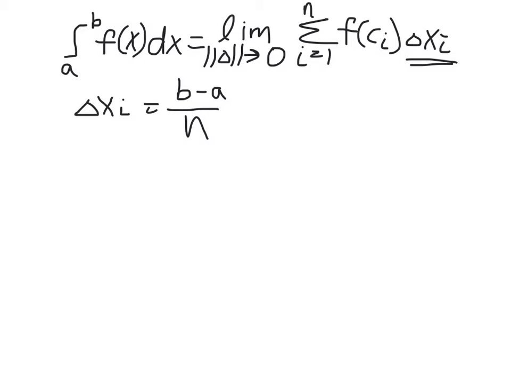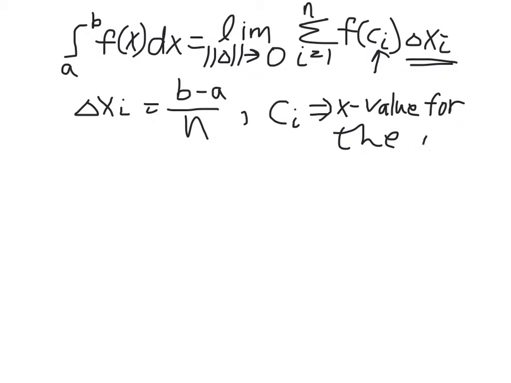What's the c sub i represent? C sub i is the x value for the ith interval. Okay, that's going to be our sampling point. That is what we'll plug into the function when we think of height of that rectangle.